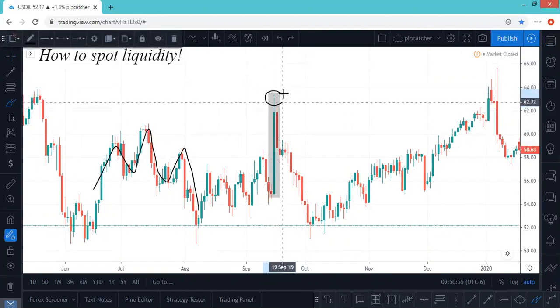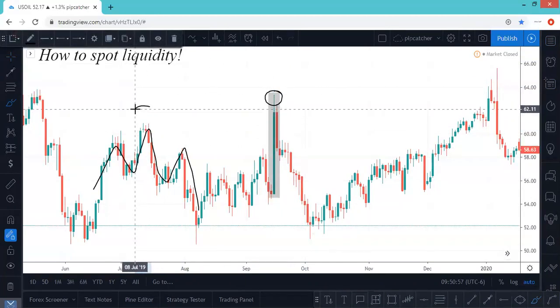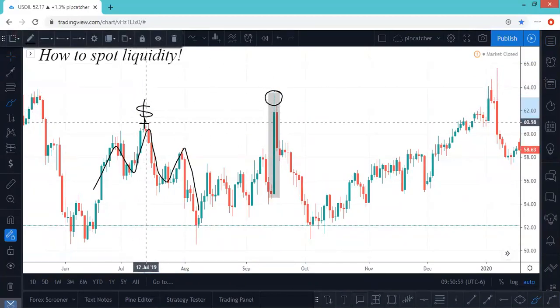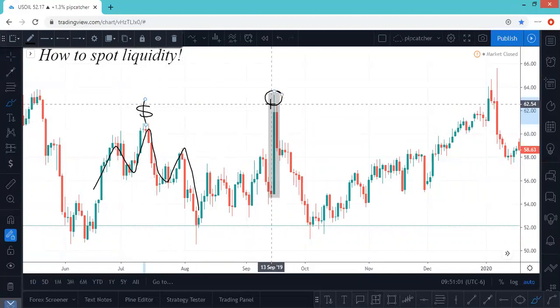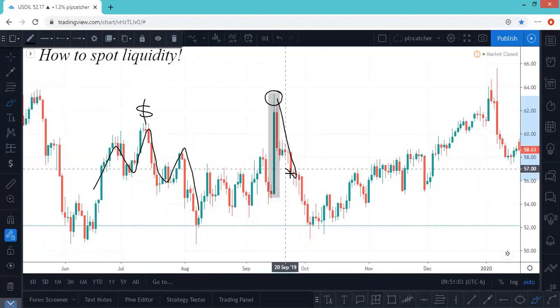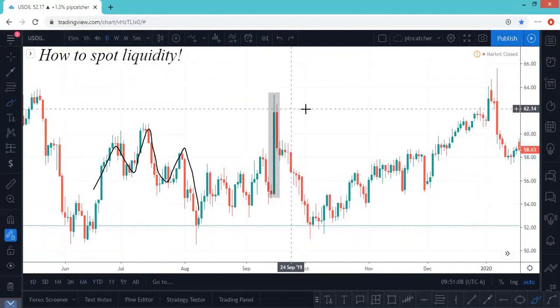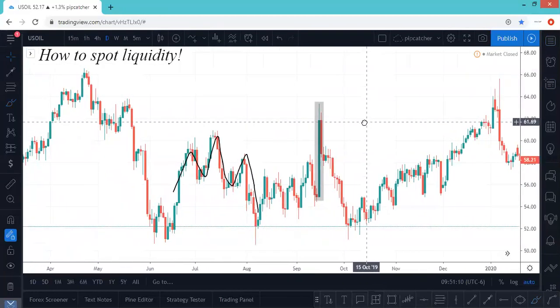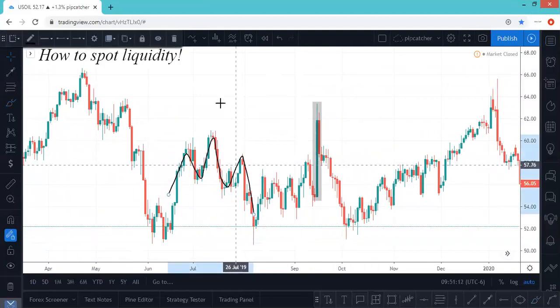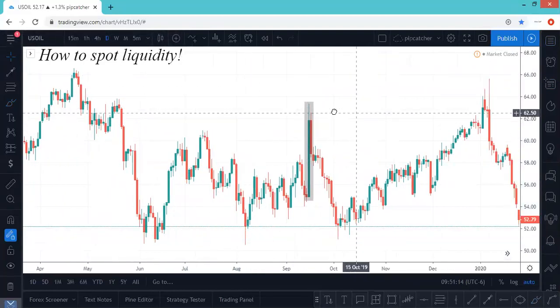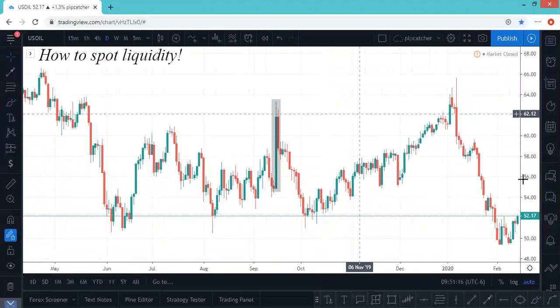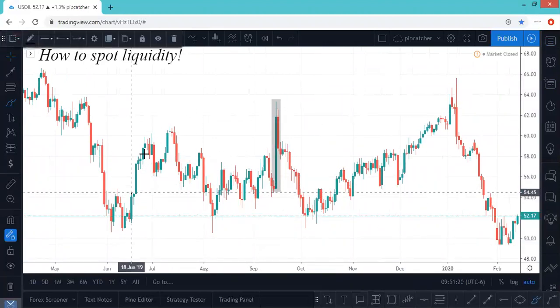And what happens in return is they take all the stops, they hit all the stop losses, and continue price to the downside. Okay, so that's one example.